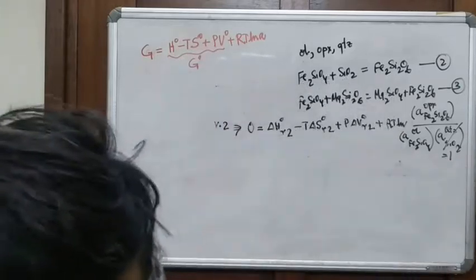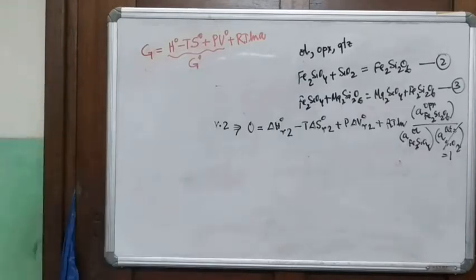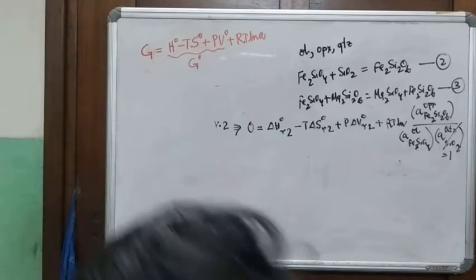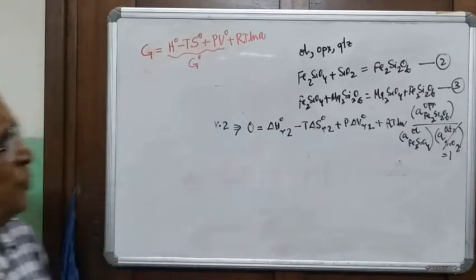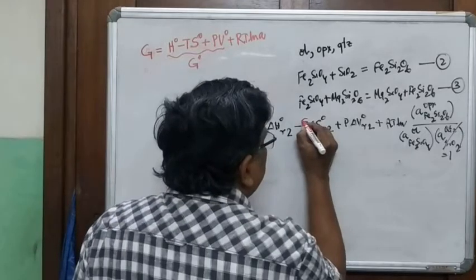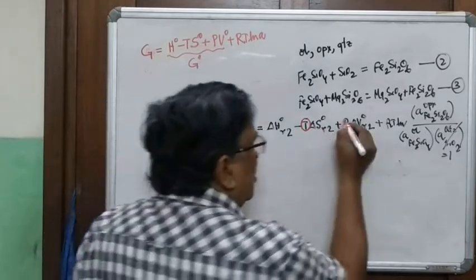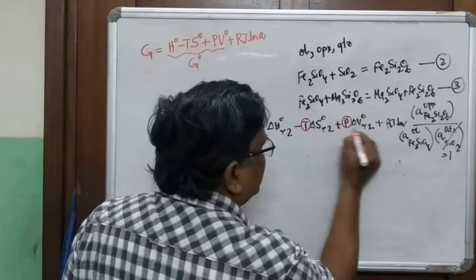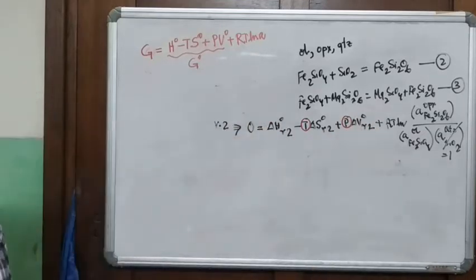Now you see here. This is important. What don't we know here? You see, this is temperature, we don't know. We don't know the pressure. All other thermodynamic parameters are known thermodynamically.